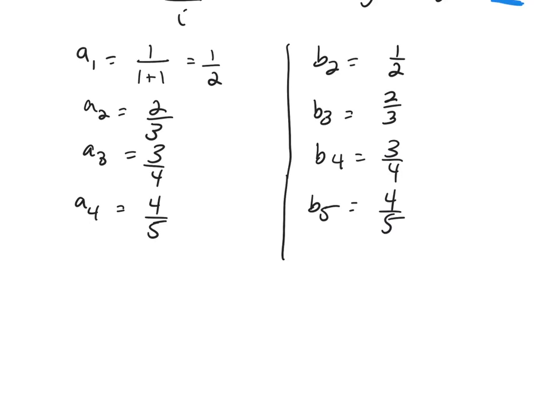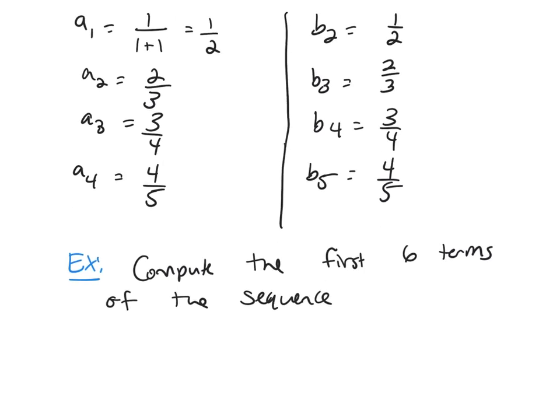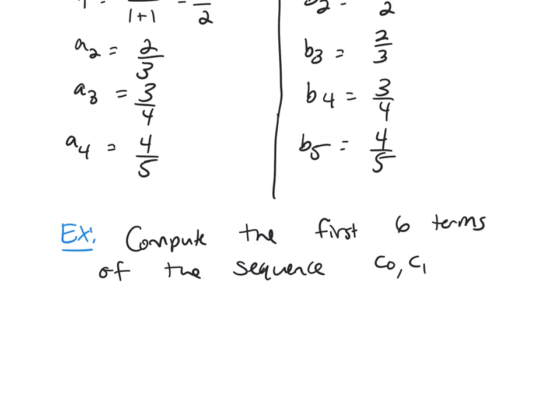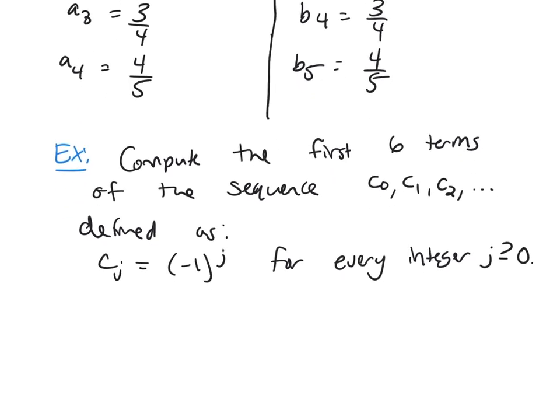All right, now let's look at another example. Let's compute the first 6 terms of the sequence c_0, c_1, c_2, defined as c_j will be (-1)^j for every integer j greater than or equal to 0. So again, we just have to plug in.